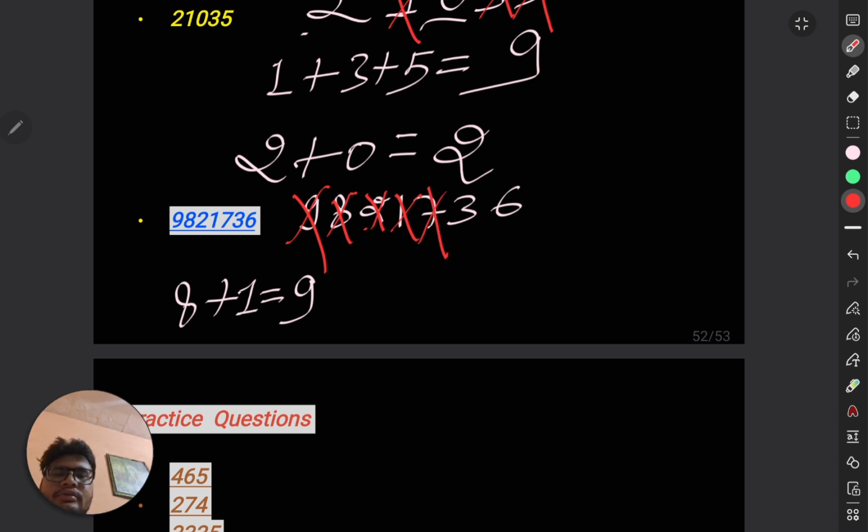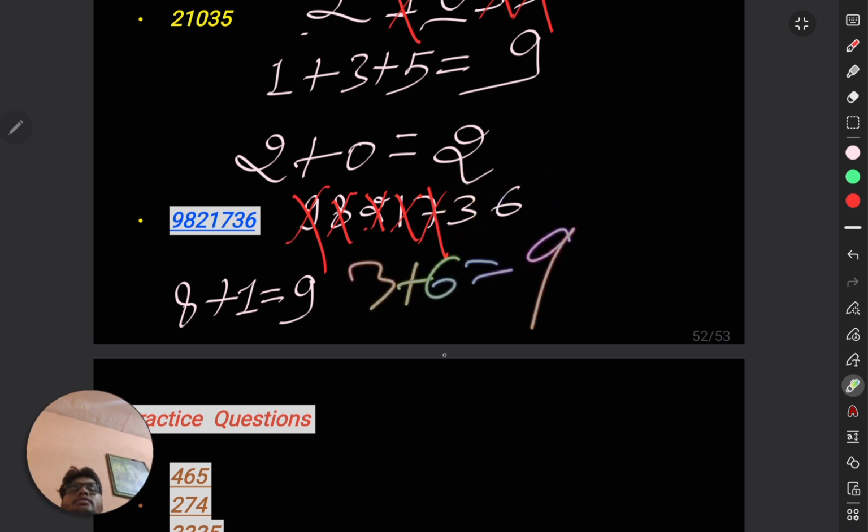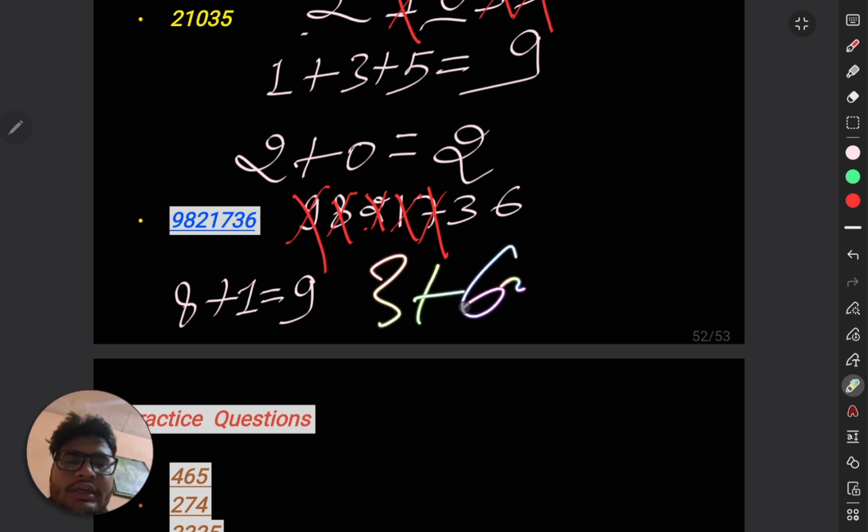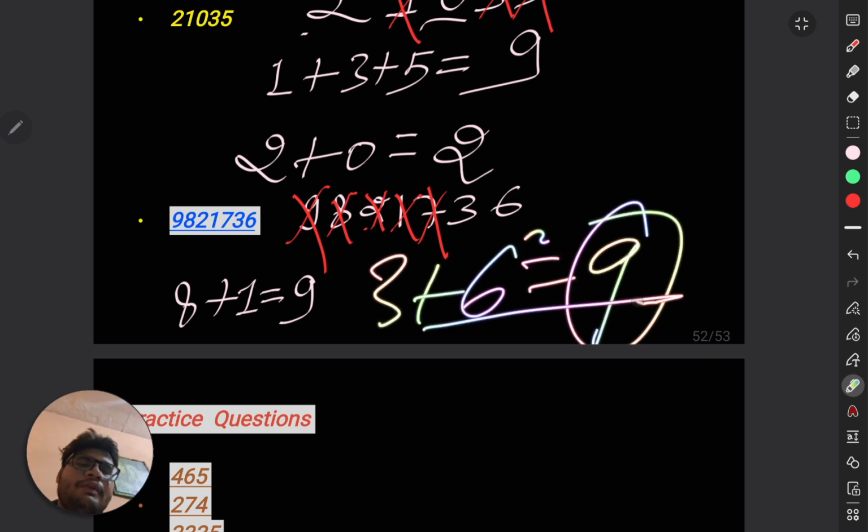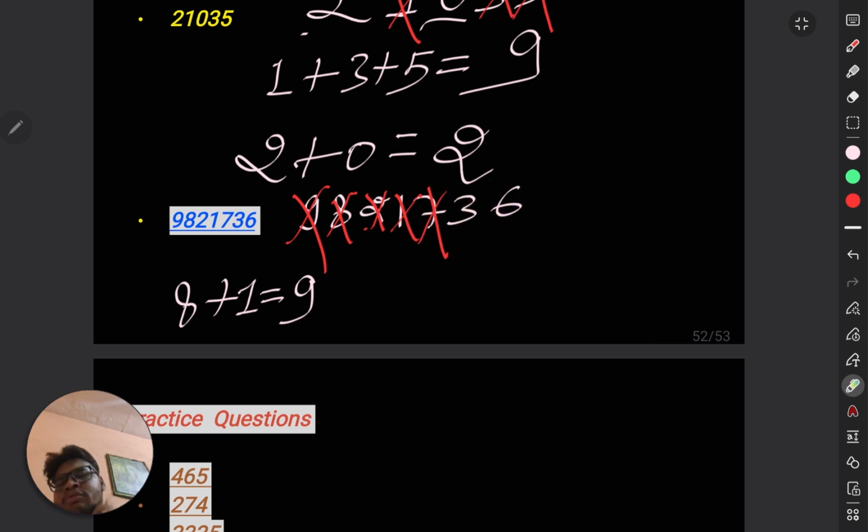Okay, again, remaining numbers are 3 and 6. 3 plus 6 will be 9. Okay, 3 plus 6 will be 9, and we will cast out these numbers also. And you have to know that except these digits, there are no figures remaining in this number.